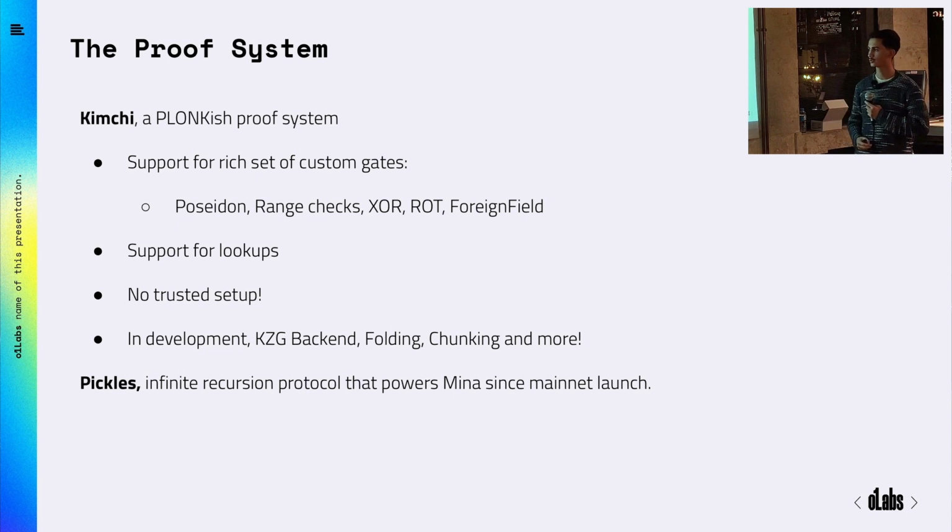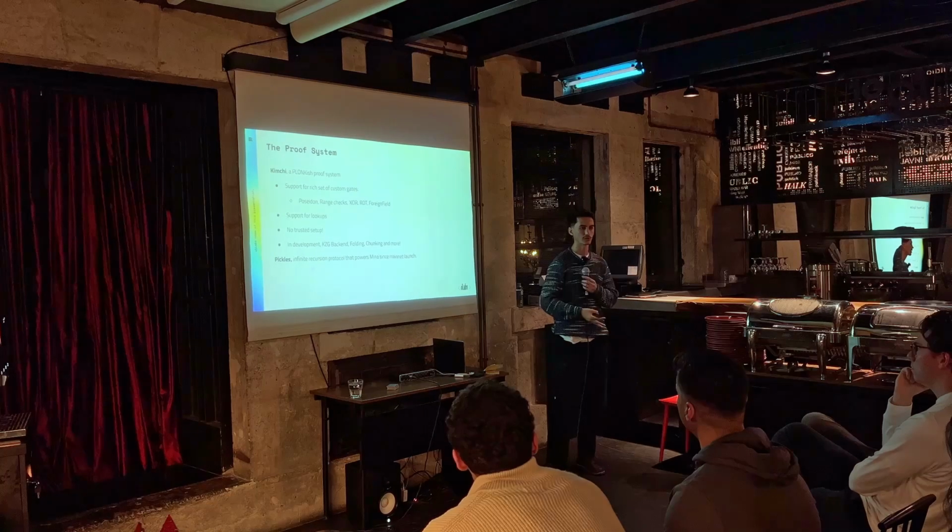Also, we have some cool features coming soon, like a KZG backend, folding, chunking, and more. Pickles is the recursion layer of our proof system, and it has been live since mainnet. So it's not only helping the Mina blockchain to be succinct, but it also helps us to build recursive applications.